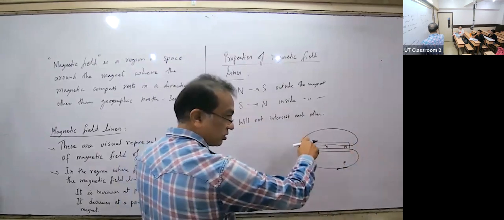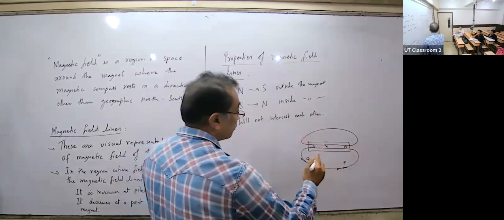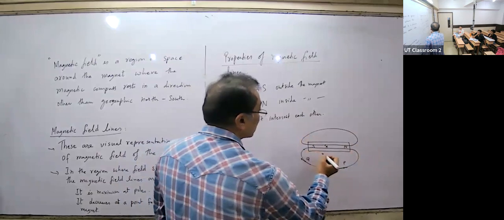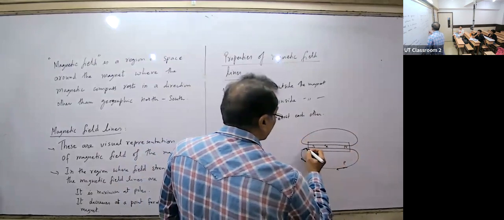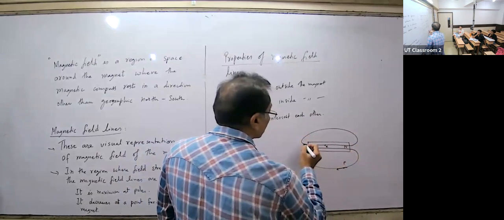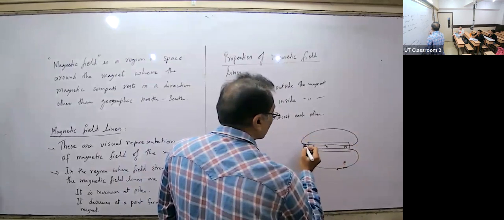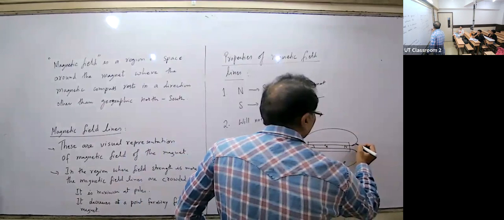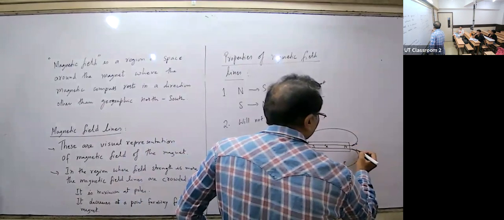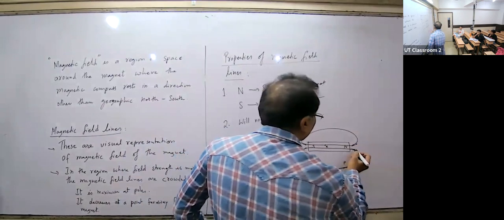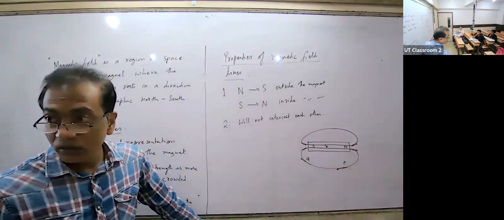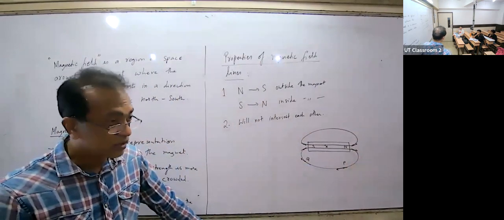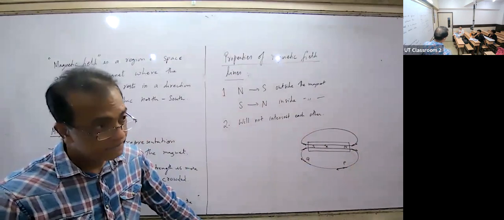So it's not towards the south, it's not towards the pole. It is towards the pole only here, or here. If it is here, it is away from the pole, isn't it? So where you are finding the field direction, that reference point is important.